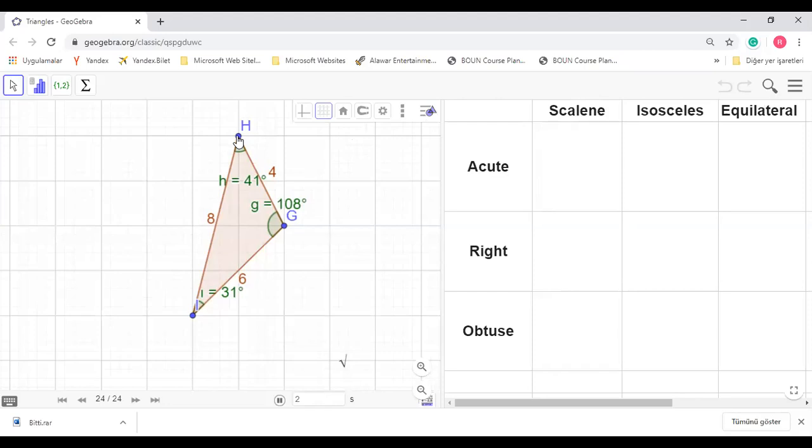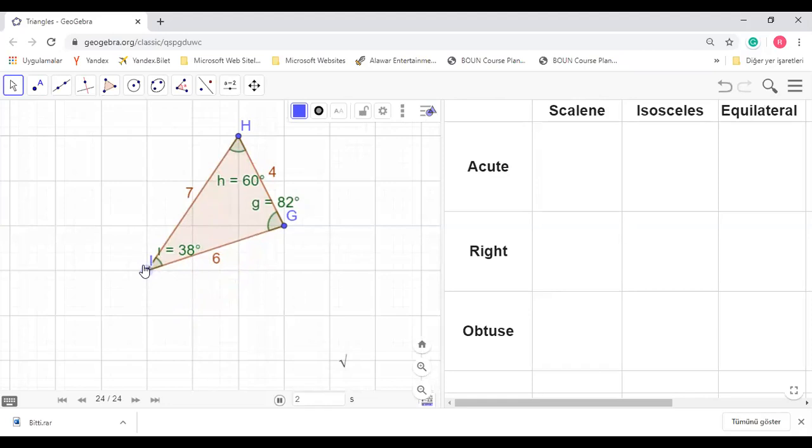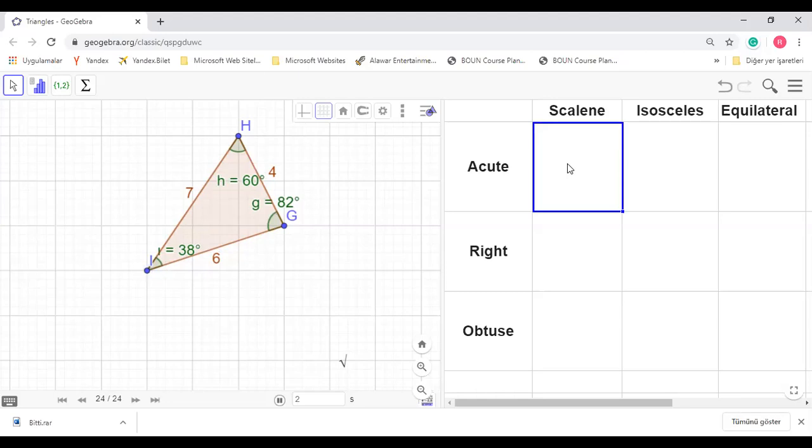Let's create. As you can see with this triangle, it has three different sides and also all its angles are acute angles, right? So we can create acute scalene triangles.